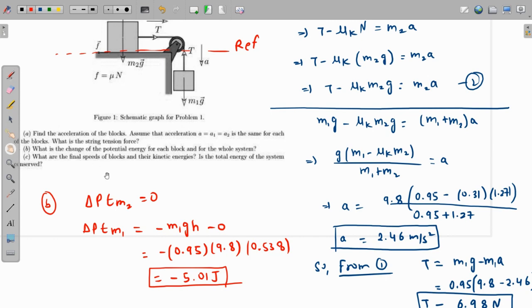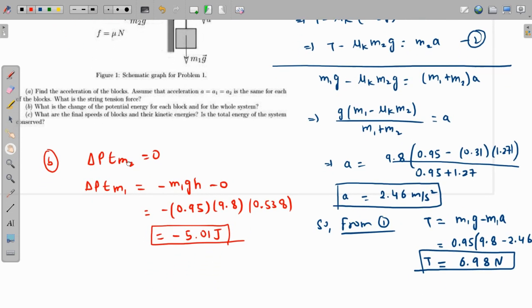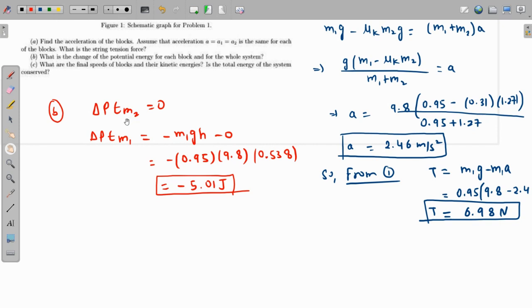And then we talk about part C: what are the speeds of the blocks and their kinetic energies. What are the final speeds, as in after traveling this much, what is their speed? So v is equal to v naught plus at, or perhaps let's use the third equation of motion: v squared is equal to v naught squared plus 2as.